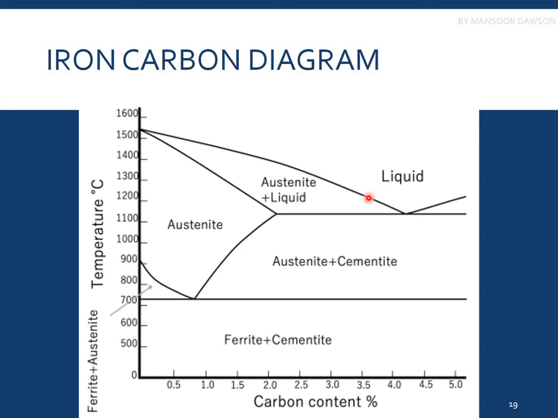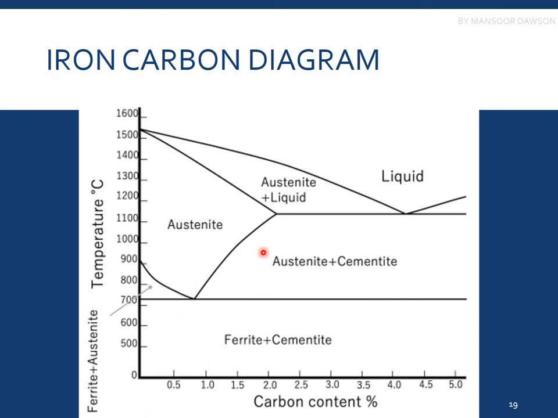So you all know this is just a revision of the iron carbon diagram. This is the austenitic phase, the liquid phase, the austenite plus liquid phase, the austenite plus cementite phase, and this one is the alpha plus austenitic phase, and this is the ferrite plus cementite pearlite phase.